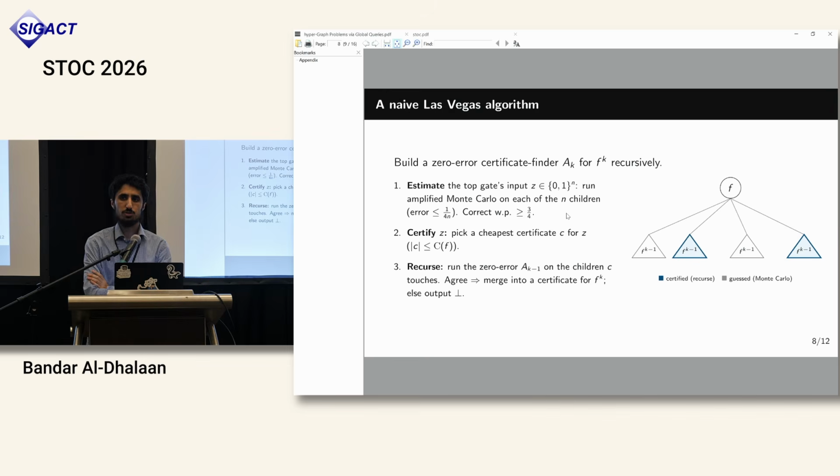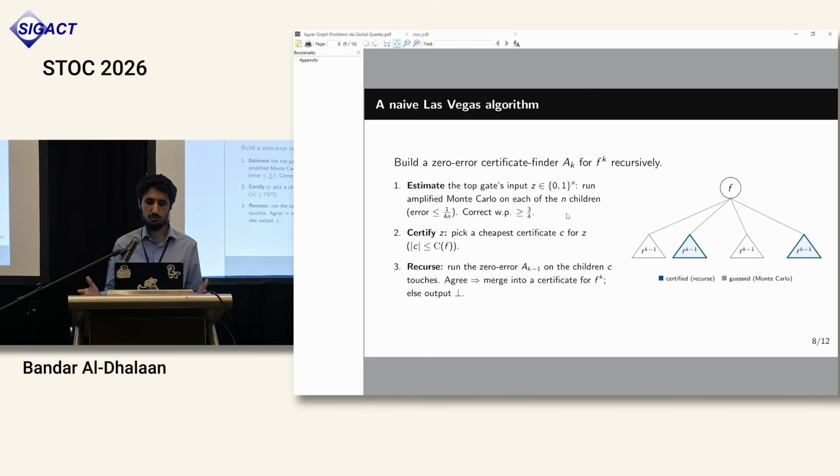We're going to assume we can do it for f to the k minus 1. And now we have to build a certificate finder for f to the k. We call that A sub k. The first step is that we're going to take the children of f and run a Monte Carlo algorithm on each one to come up with an estimate. We're going to run it multiple times to amplify the error down to less than or equal to 1 over 4n. We know with very high probability what each of these children are, but we can't know for sure.